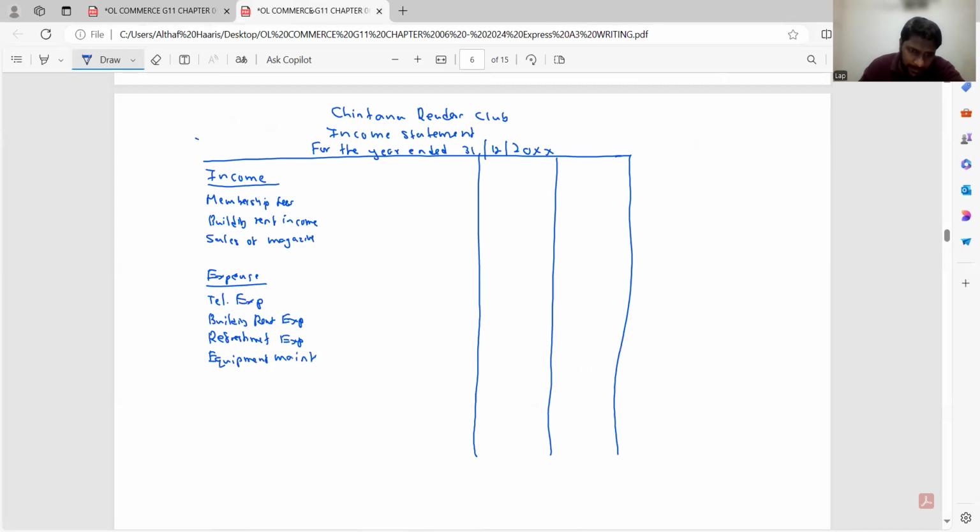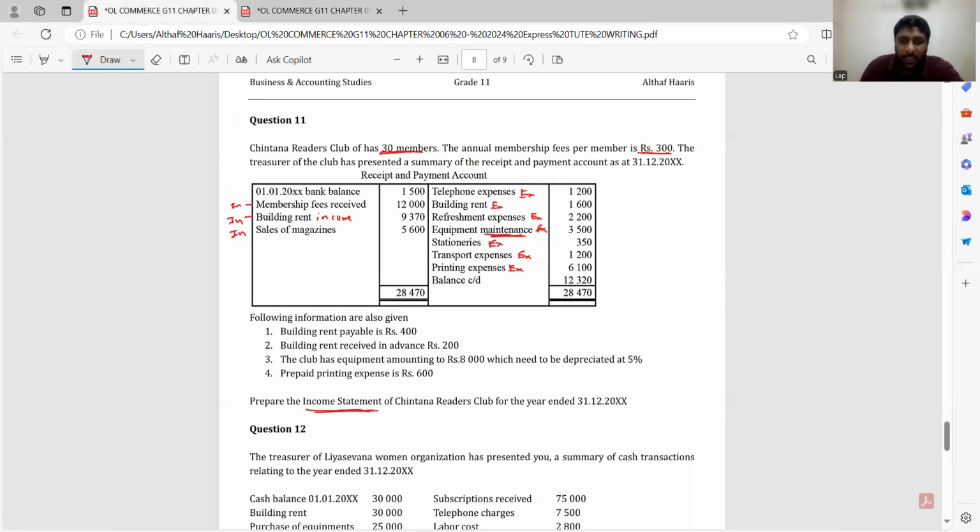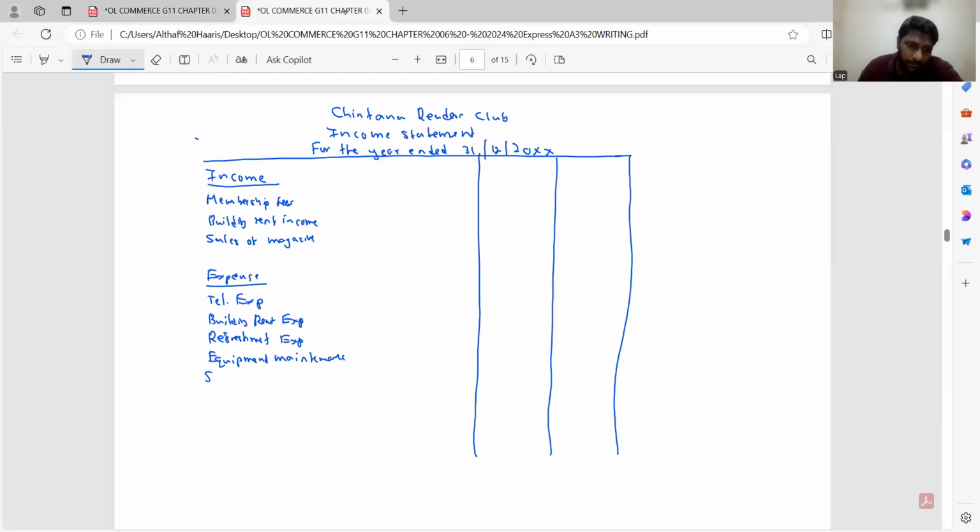Maintenance is an expense. Stationery, transportation, printing.